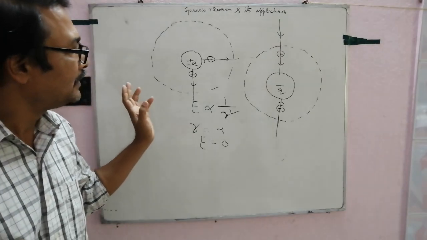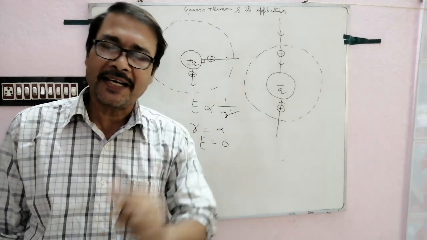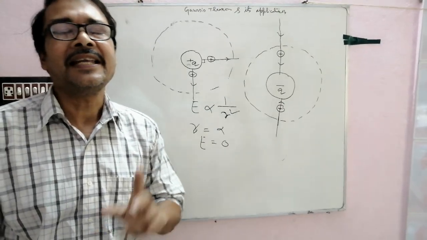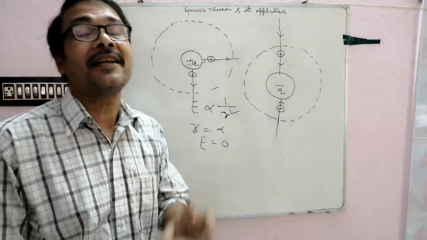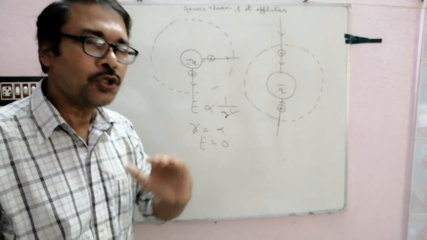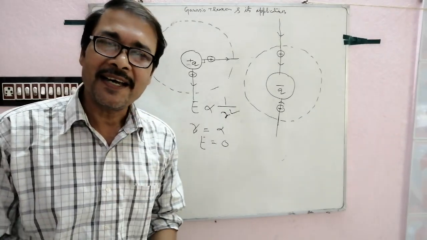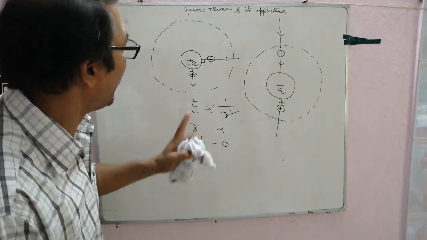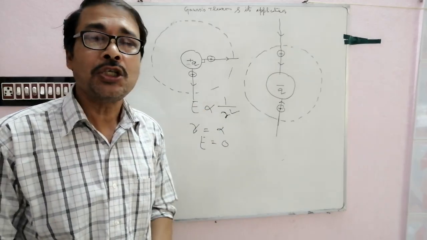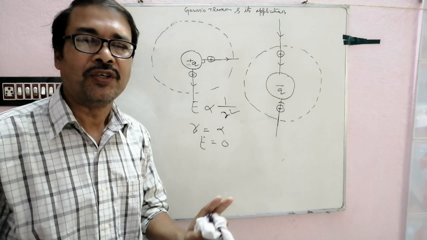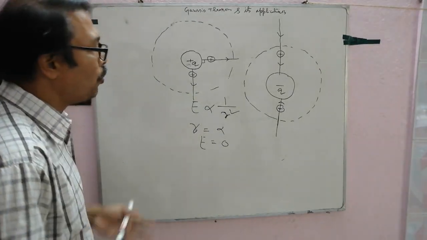But the electric field inside a conductor is 0. So there is no existence of electric field inside a conductor. That is why electric field lines are not a closed loop, they are an open loop.